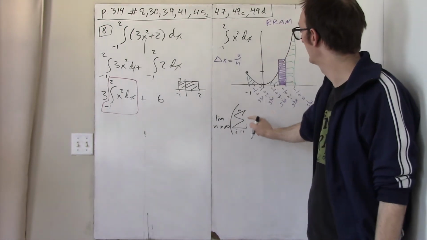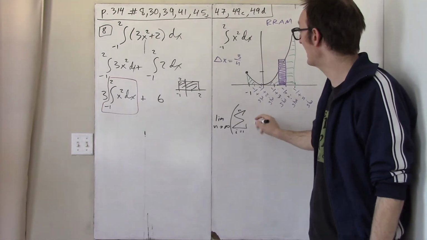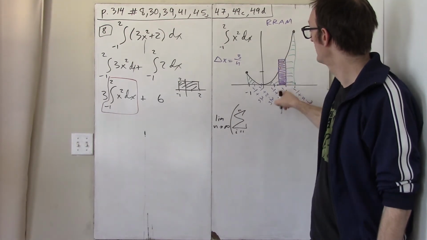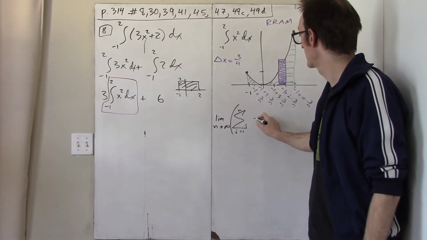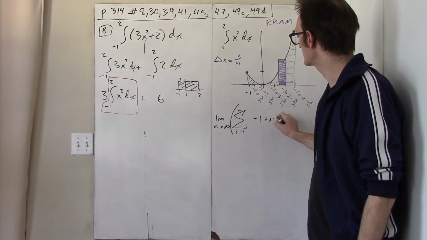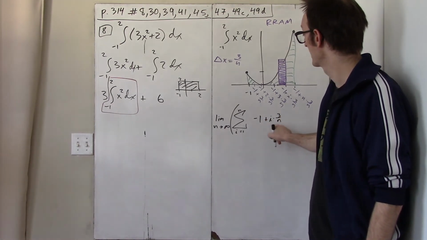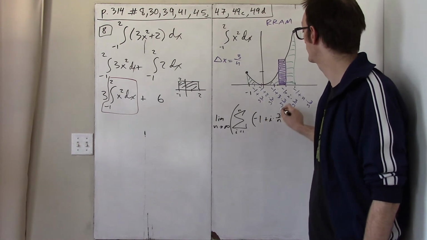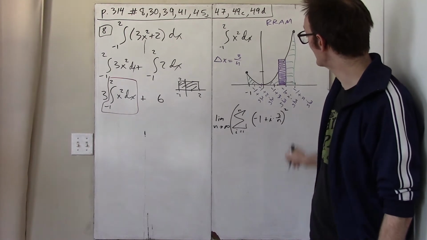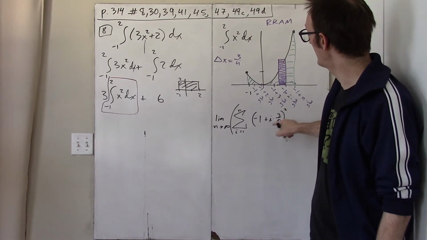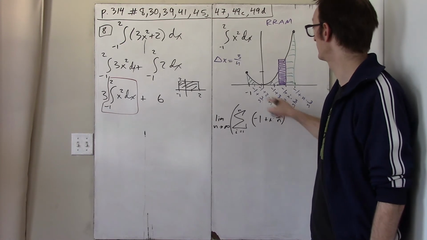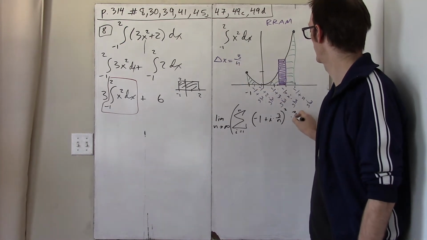The height of the ith rectangle is what happens when I plug -1 plus i times 3 over n, the right endpoint of the ith subinterval, into the function, and the width of the ith rectangle is delta x, 3 over n.